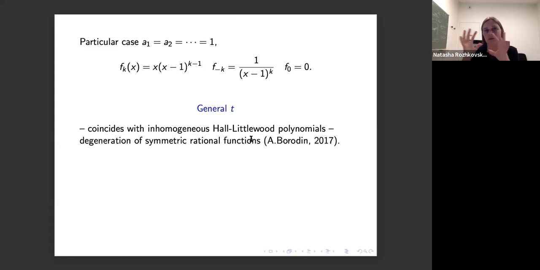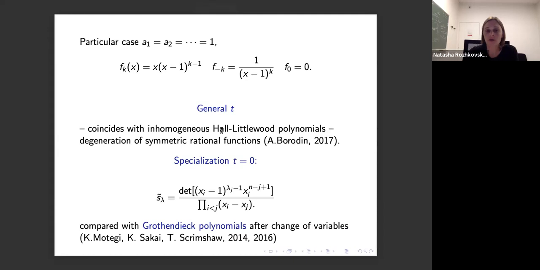And later there are many papers which relate these symmetric rational functions with six vertex and five vertex models, with R matrices and all that stuff. The particular case of symmetric rational functions, when instead of rational functions you get polynomials, is exactly the case that we get here from our situation. And of course, in particular, the specialization T=0 is going to be a particular case of that.